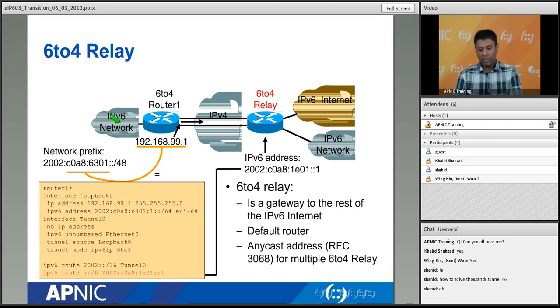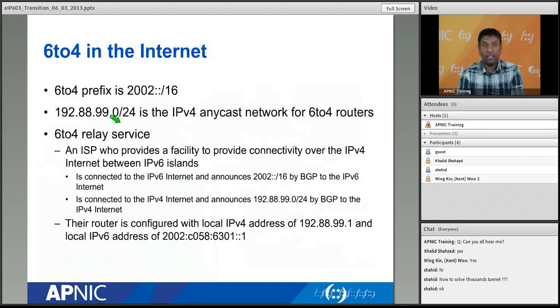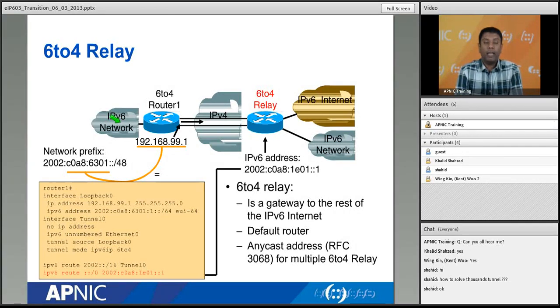All those 6to4 relay sites need to run an IPv4 anycast, which is a special address, 192.88.99.0. How will they do that? They'll configure another loopback with this special address, 192.88.99.1, say for example, right? So if there are 10, 20, 40, 50, hundreds of relay routers, all those relay routers will use the same IPv4 address 192.88.99.1 on a different loopback, right?